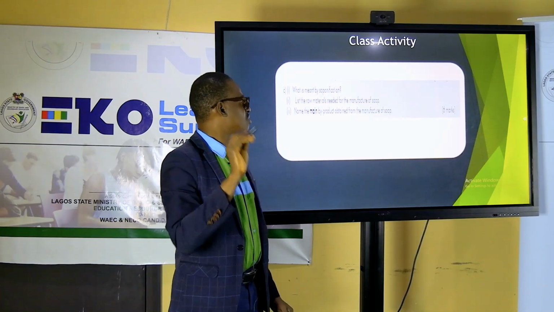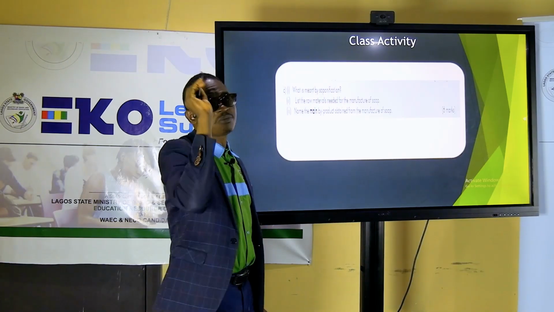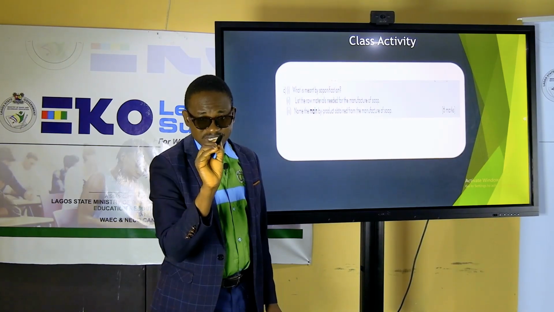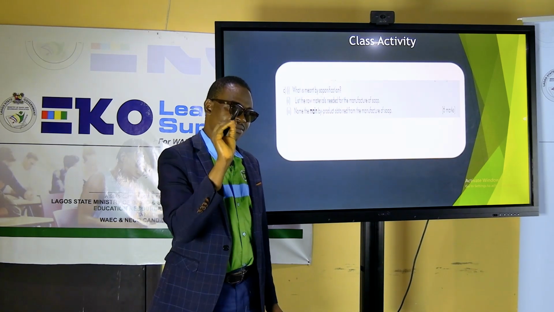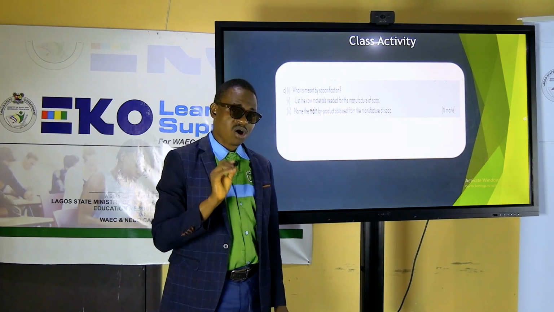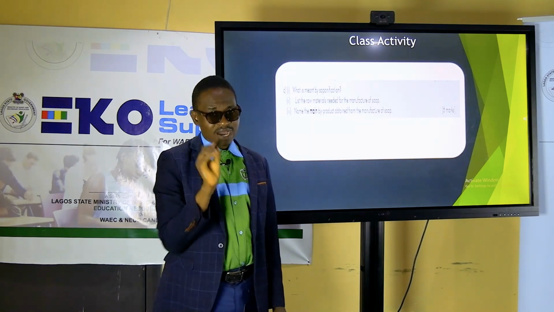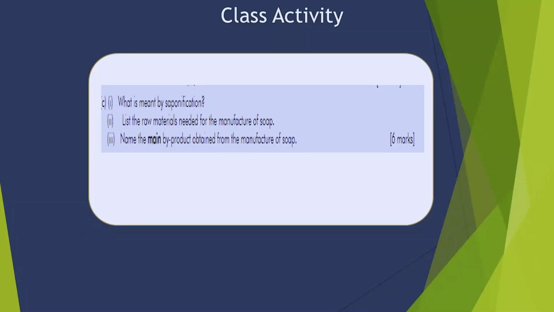Good. List the raw materials needed for the manufacture of soap. What do you think the raw material will be? Oh, I can hear you telling me fats. Oh, good. Or oils. And what again? Alkaline. So the alkaline could be sodium hydroxide, caustic soda, or potash, that is potassium hydroxide.